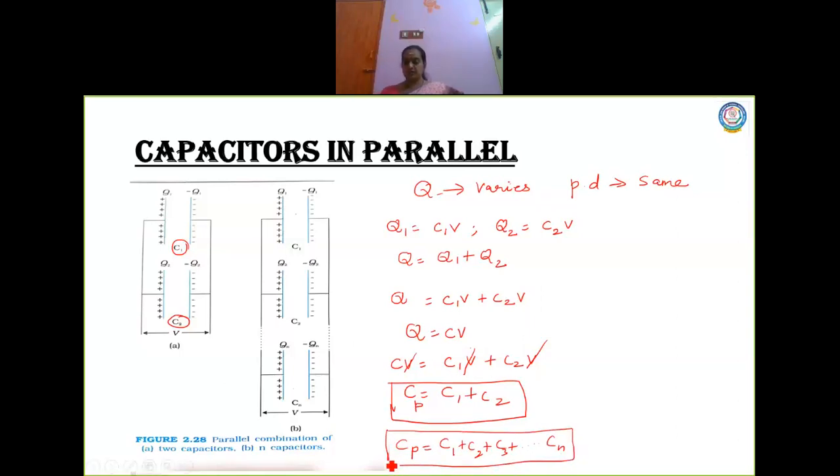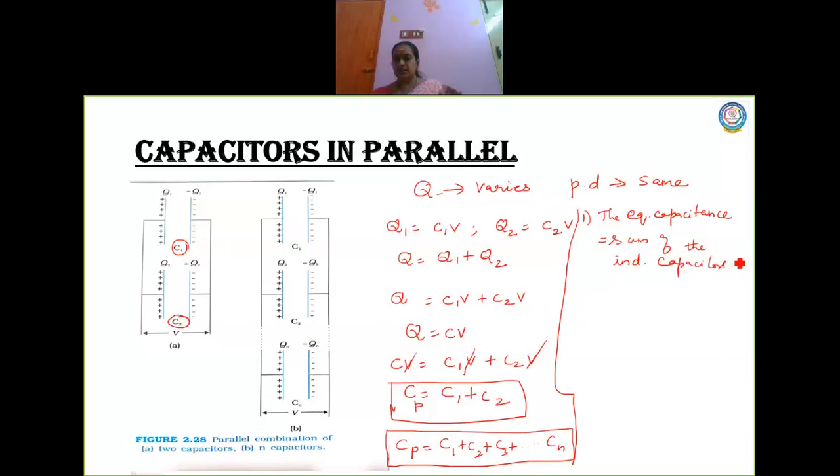Now here also we arrive at some conclusions. The first conclusion: the equivalent capacitance is equal to the sum of the capacitances of the individual capacitors.